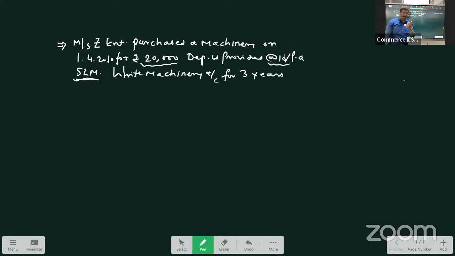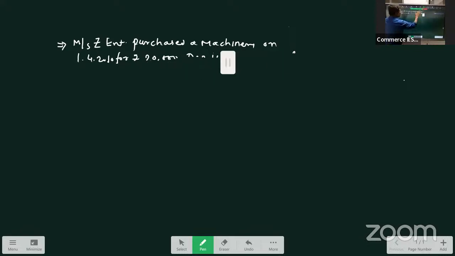Remember what I told: when you purchase, debit it. When you are selling, credit it. And depreciation is also to be credited to machinery account. Remember the figures, please. Now this firm follows the financial year that starts in the month of April and ends in the month of March. So how do we put it in our machinery account? Let us see.